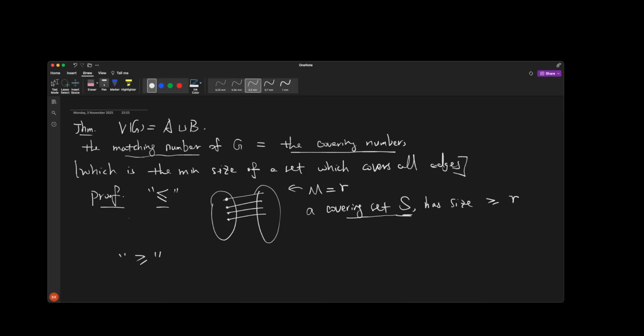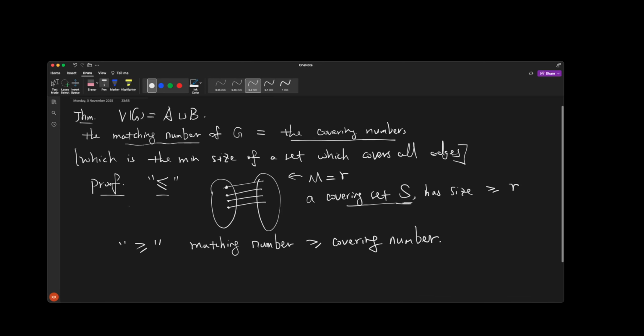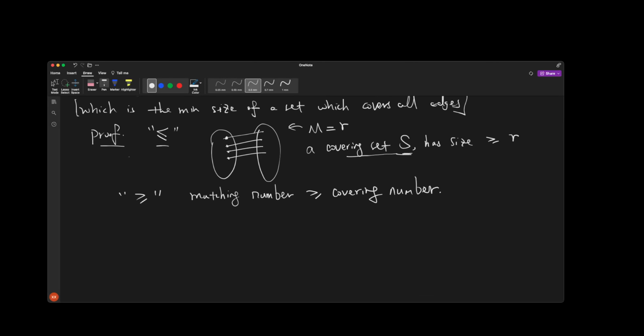So we are trying to prove that the matching number is at least the covering number. Let's try to write down exactly what we are trying to prove.